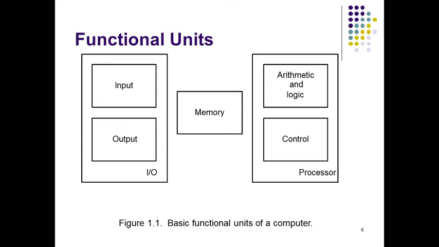The processing steps are determined by a computer program which is stored in the memory. Finally, the results are sent back to the outside world through the output unit, that is the display. All of these actions are coordinated by the control unit.